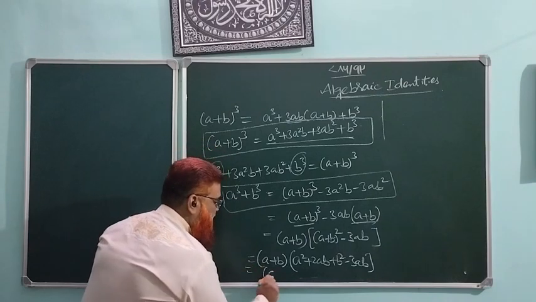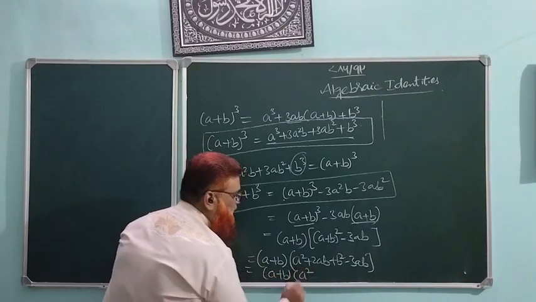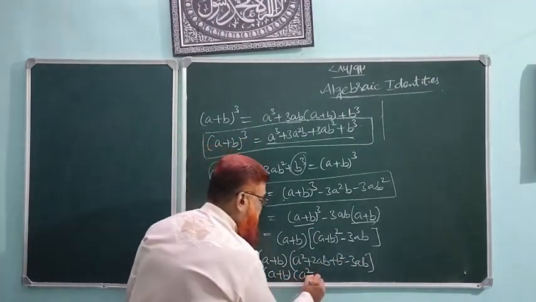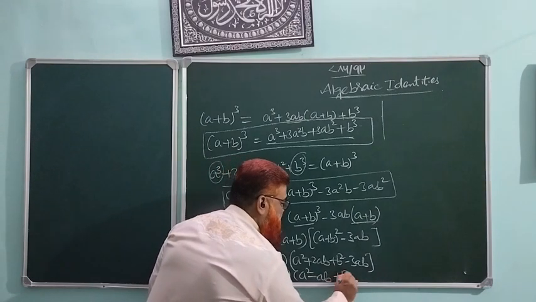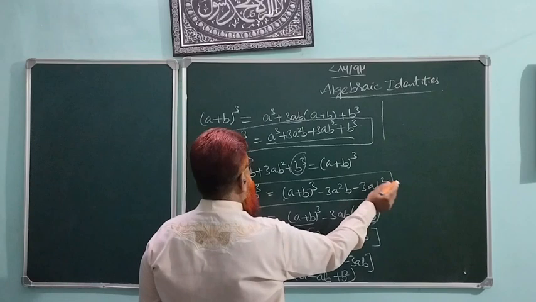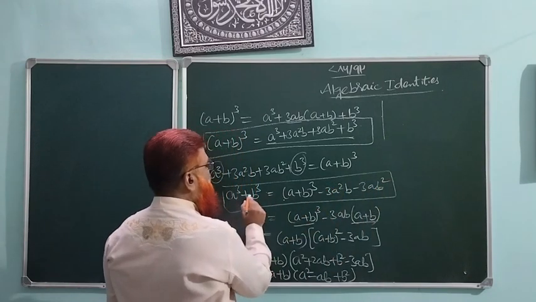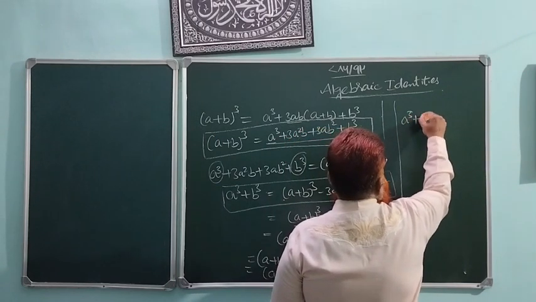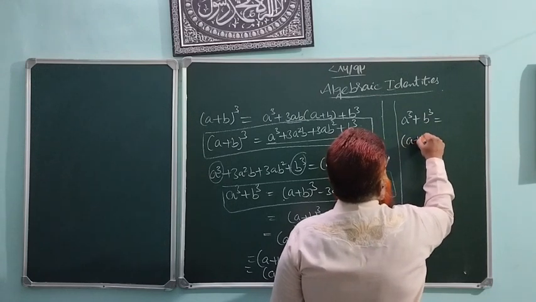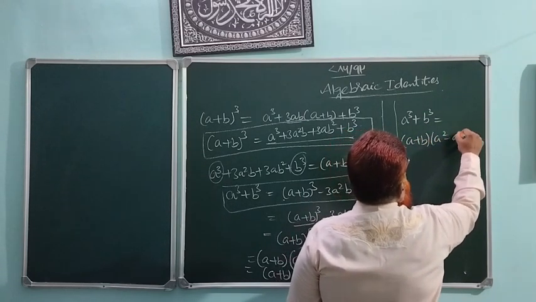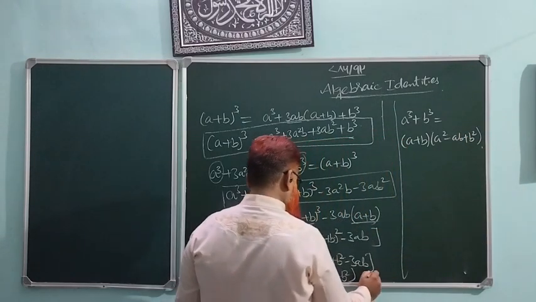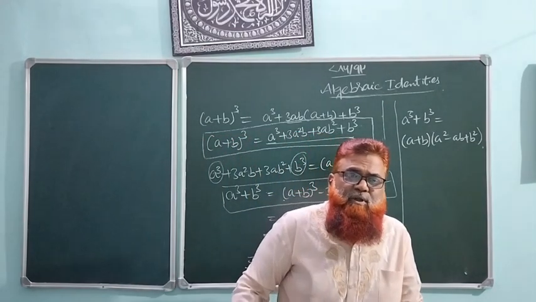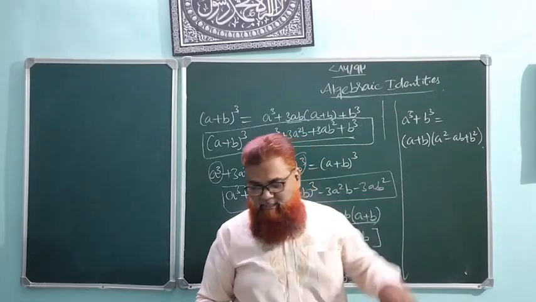This is equal to (a + b) into a² + 2ab − 3ab, which is a common term, so we get minus ab, plus b². This is the answer. What is a³ + b³? Listen here: a³ + b³ is equal to (a + b)(a² − ab + b²), which is our final derivation. This way we can find out what is a³ + b³.